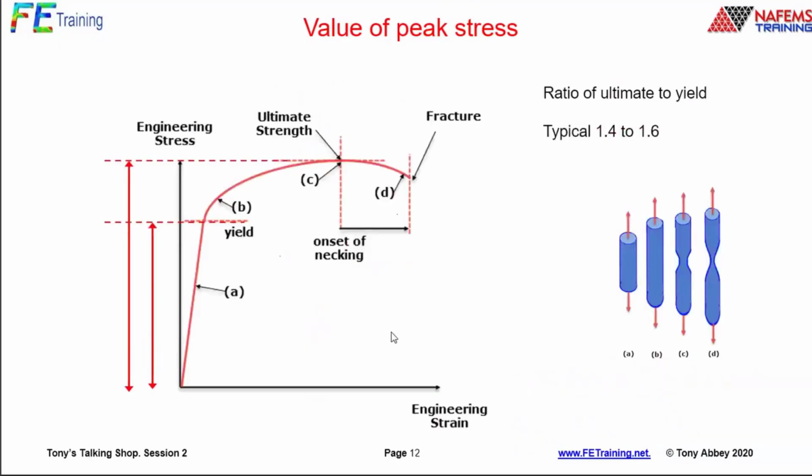So just to emphasize, this is our yield point in here. This is our ultimate strength point. We're talking about ratios of, say, 1.4 to 1.6. I can't find the drawing tools on this, unfortunately, but basically, linear analysis is just going to shoot straight up here and just keep on going.